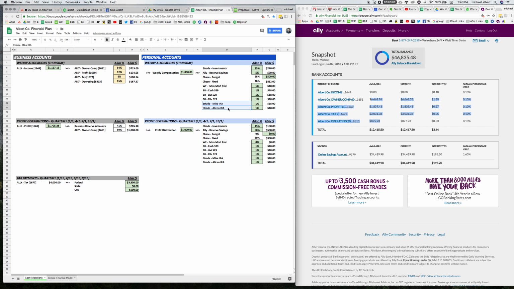We, for a while, have just been pausing the IRAs and trying to build up just our more liquid investments. But as my business grows and as I have more cash to allocate, I want to allocate it to these accounts as well.